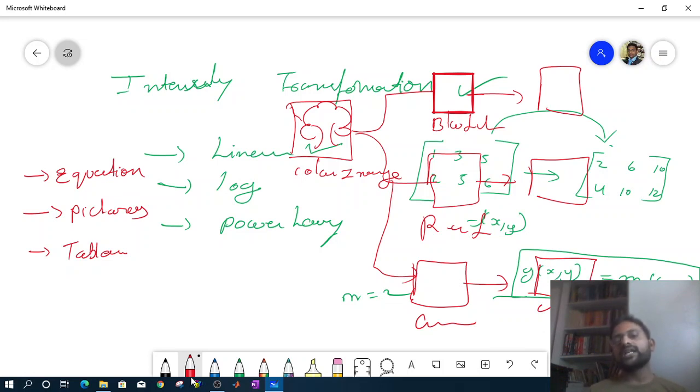So by seeing this diagram, the person can understand that you are going to explain the information regarding the filtering of a color image, right?